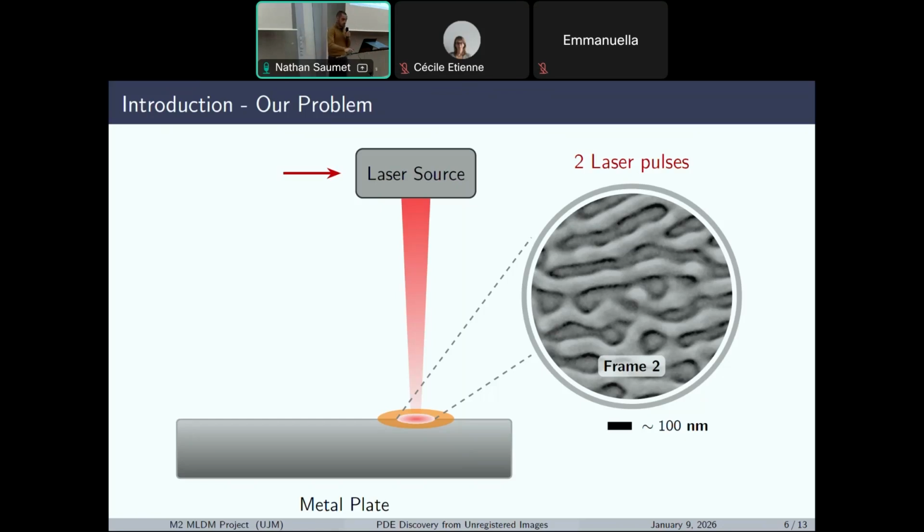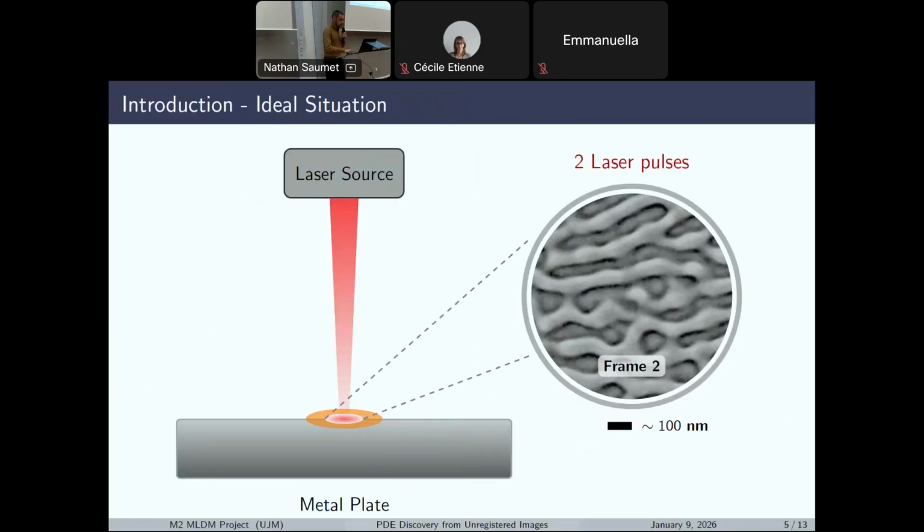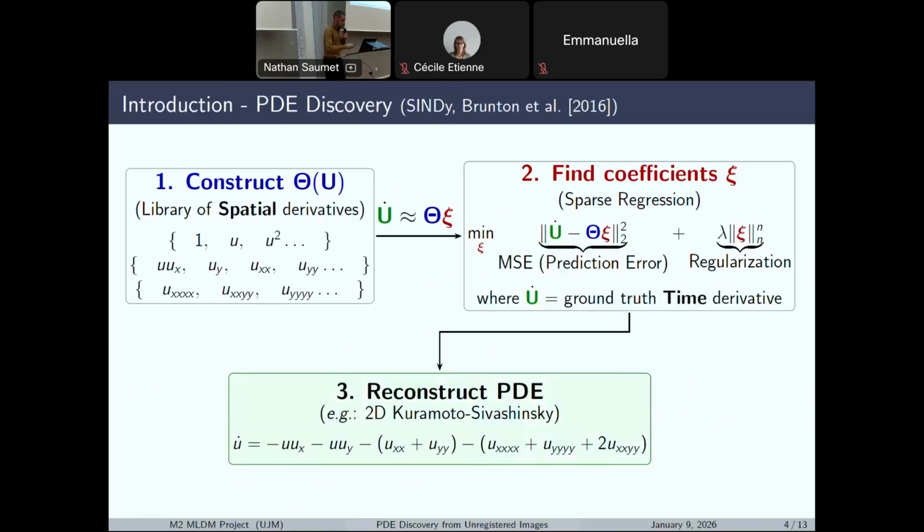Here in our library, we include a lot of possible terms, but they are based on the image which exists at time t. And if you have a bifurcation, it means that you could have a flow of material along a direction which was not existing before.